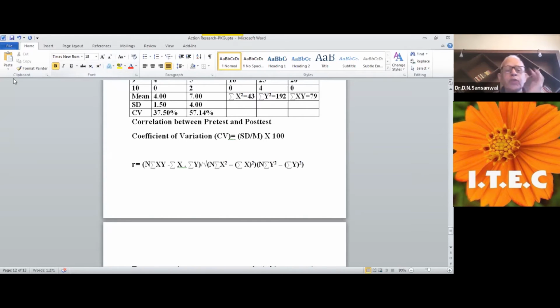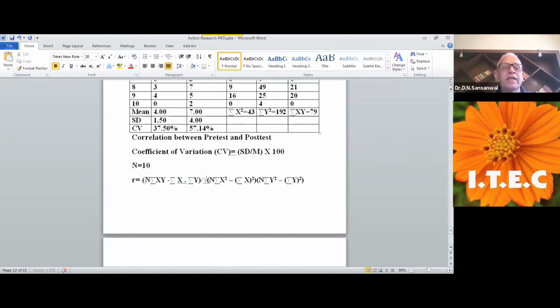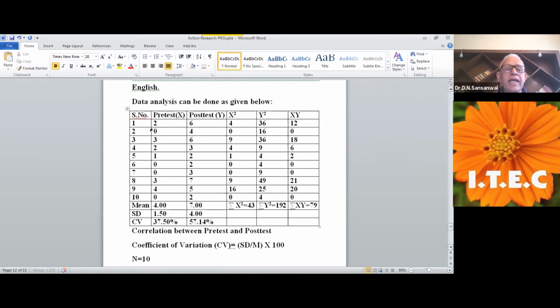You know the value of n is equal to 10 here, and you know the sigma of x. You can add 2 plus 3 plus 2 plus 1 plus 3 plus 4.